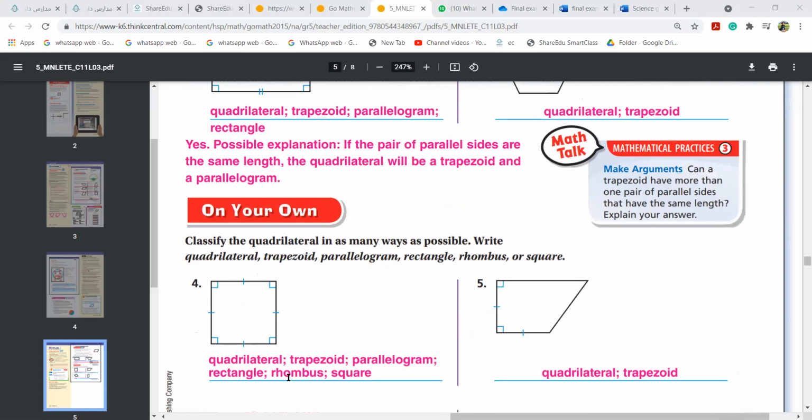It's also a rhombus. It's a square. Now you will say to me, teacher, I don't call this a rectangle. But a rectangle also has sides that are parallel. It's okay if you don't write a rectangle and confuse yourself, but write everything. Here, it cannot be a square, it cannot be a rectangle, it cannot be a parallelogram. It's just a quadrilateral and trapezoid.